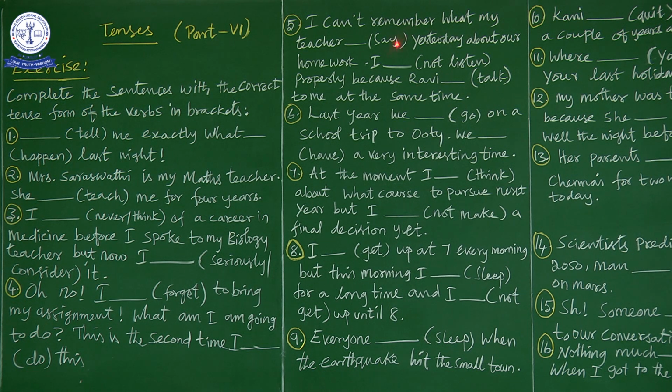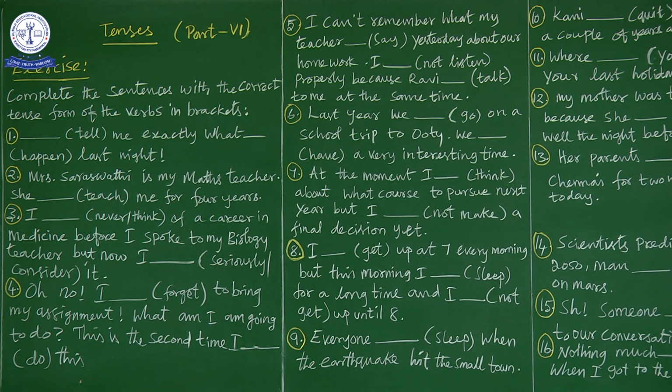The previous sentence is in simple past tense, so it is a continuation. I dash not listen means when? Yesterday. So the keyword for the second exercise is in the first sentence. So we have to use simple past tense. So, I did not listen properly.